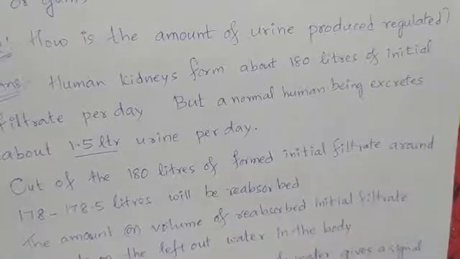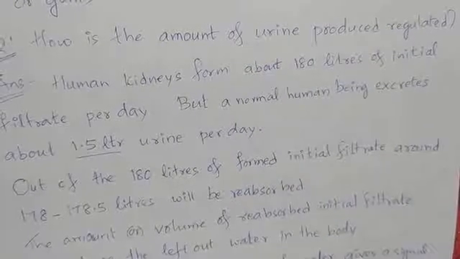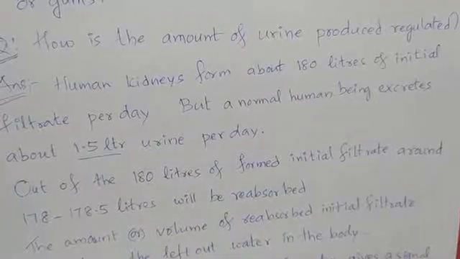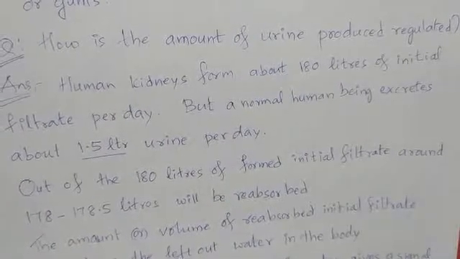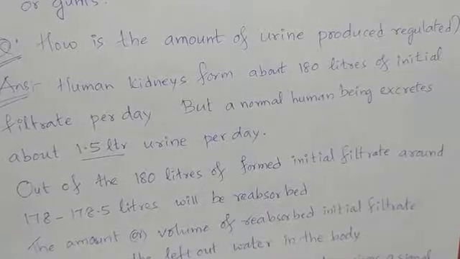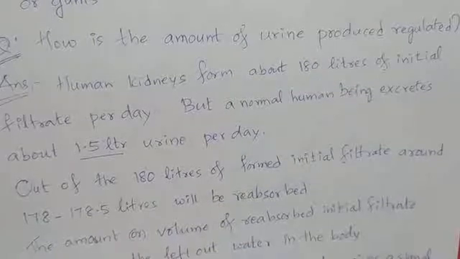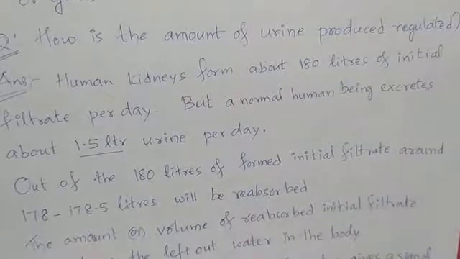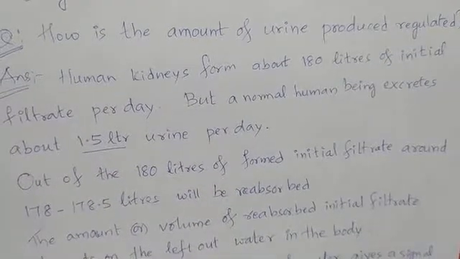Human kidneys form about 180 liters of initial filtrate in a day. But a normal human being excretes about 1.5 liters of urine per day. Then where is this 180 liters of initial filtrate going? Out of the 180 liters of formed initial filtrate, around 178 to 178.5 liters is getting reabsorbed.